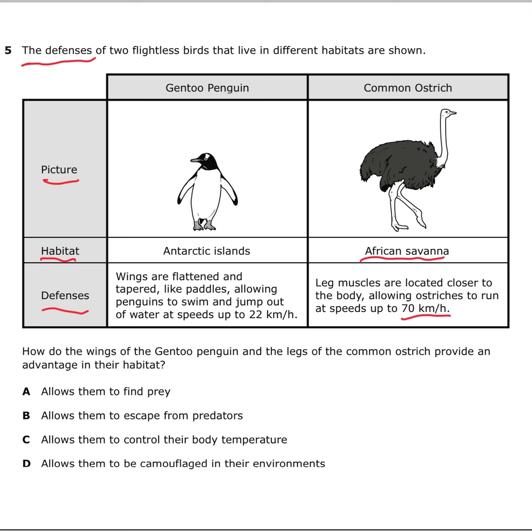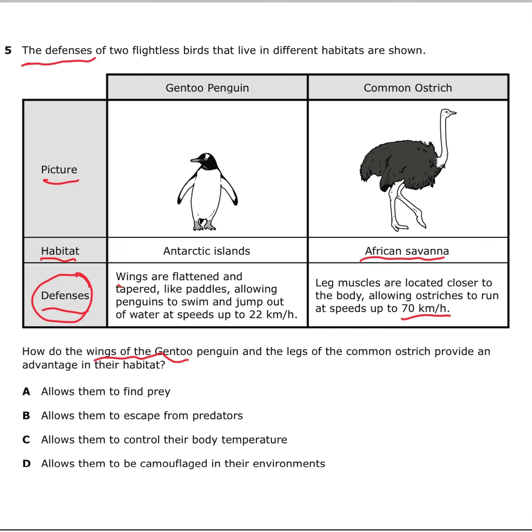If we look at that information, how do the wings of gentoo penguin and the legs of common ostrich provide an advantage in their habitat? So we're looking at the defenses, the wings and the leg muscles, and they serve a common goal.